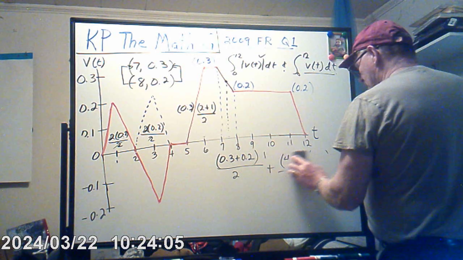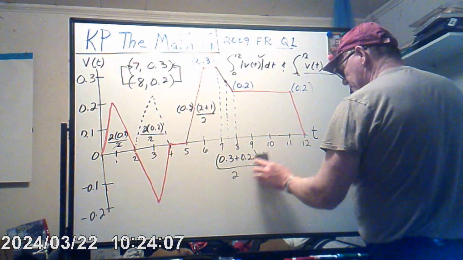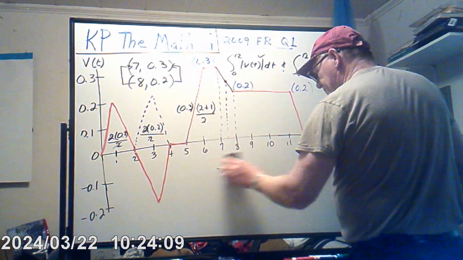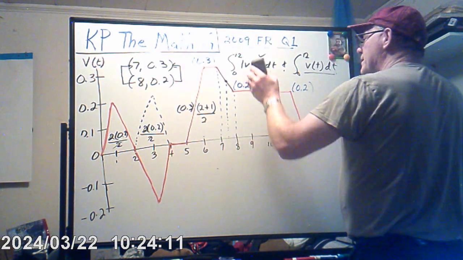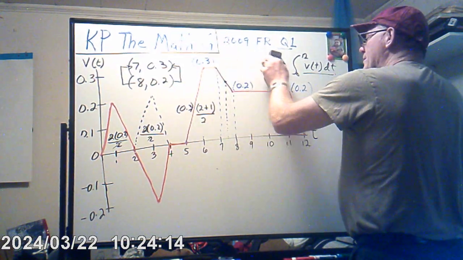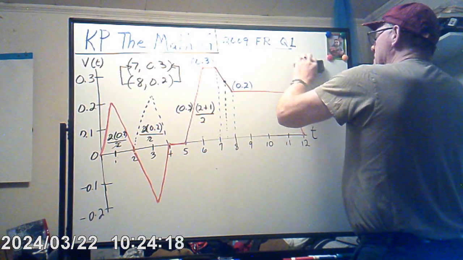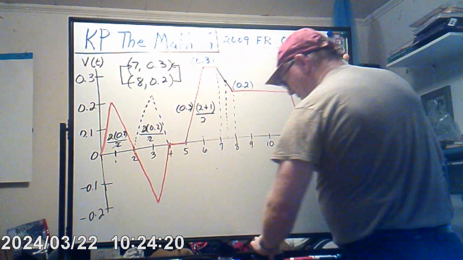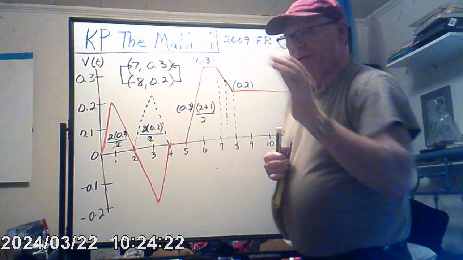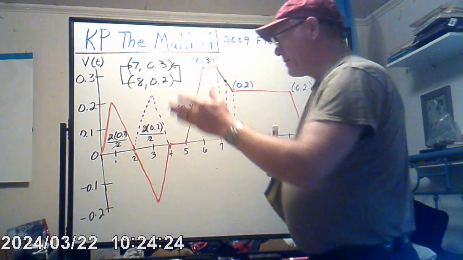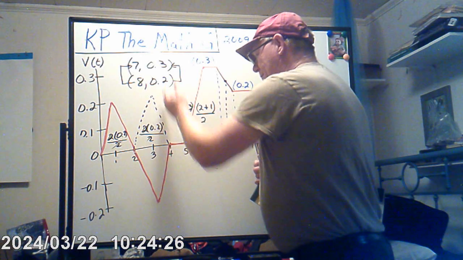Erase stuff up here. I don't like to be holding on to that. Now, anytime you deal with distance, you have to remember you're dealing with area under the curve.